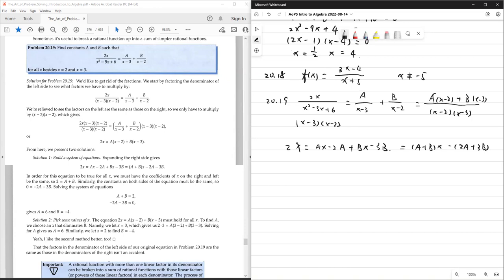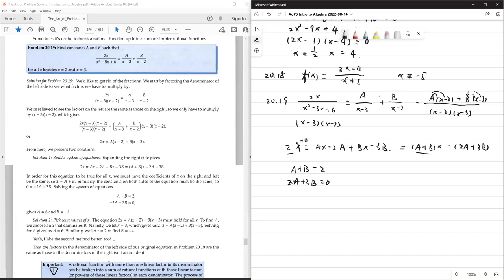I expanded this and then reorganized the terms to have the same terms together. So x terms together, constant terms together. What this tells me is the coefficients have to be the same. This one does not have a constant, which means it's plus 0. So now we have a plus b equals 2, and 2a plus 3b equals 0.